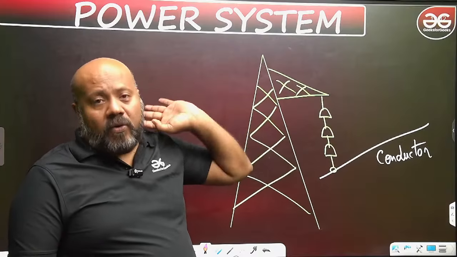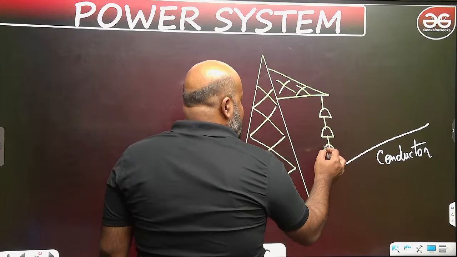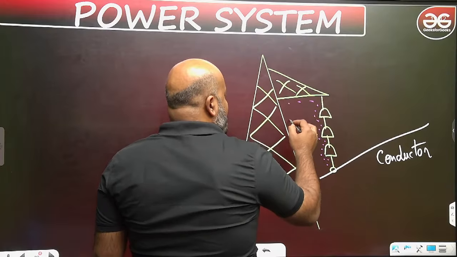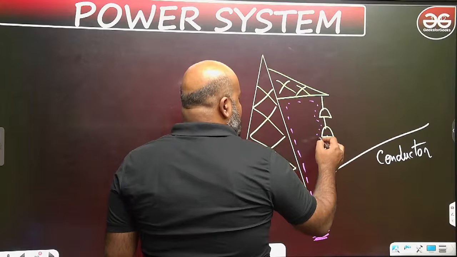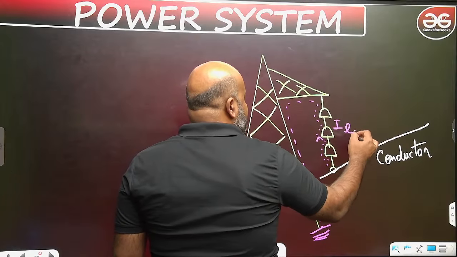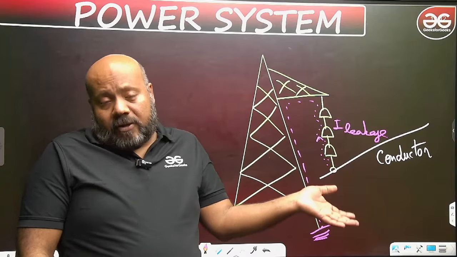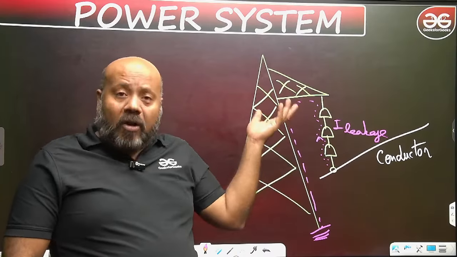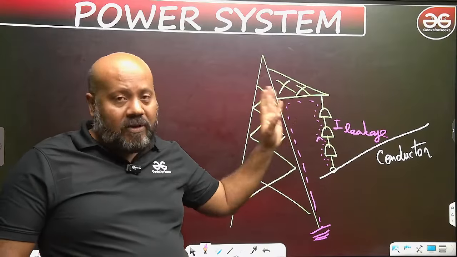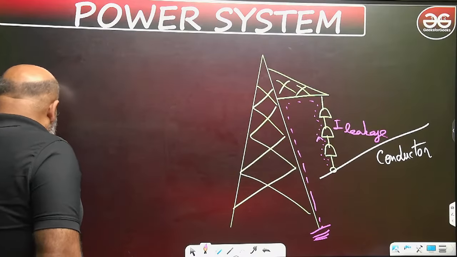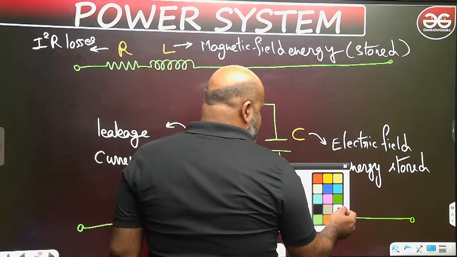But whatever you do, because of some reason, there will always be some leakage current. So, this is I leakage. Now, this leakage current is nothing but a loss. To model this loss, we are using the conductance. So, this G represents the leakage current of the conductor.